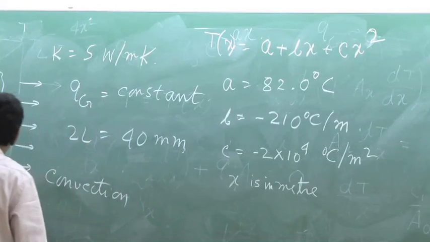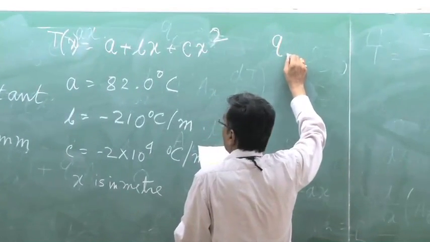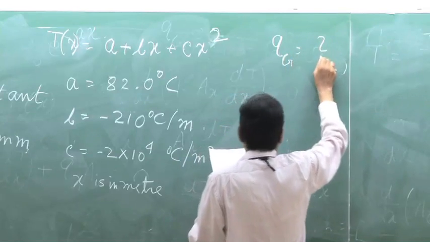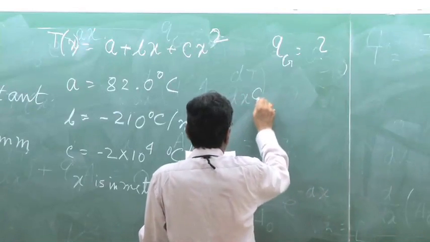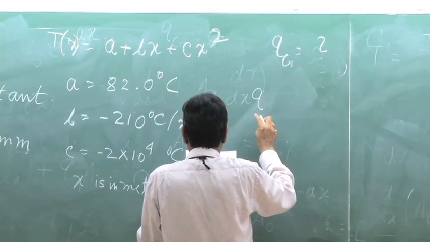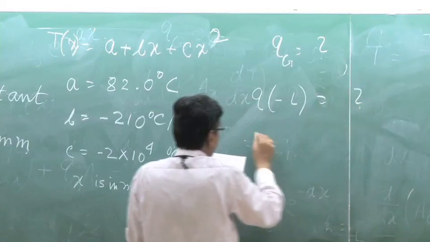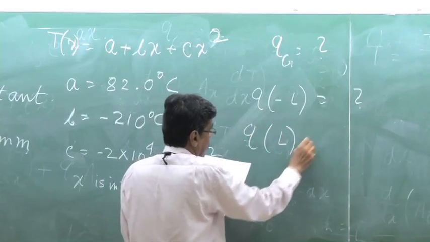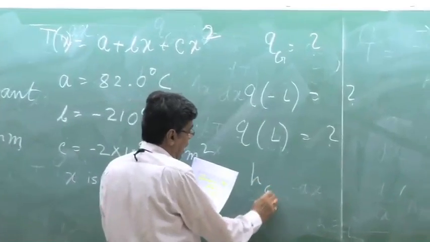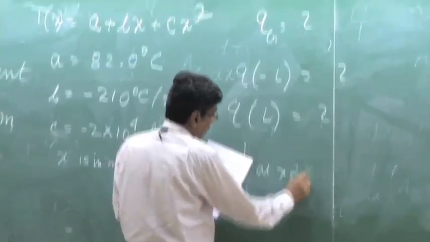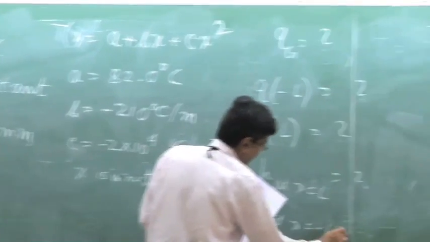The origin of the x coordinate is the mid plane that I have already shown. Now what do they ask? What is the value of the volumetric heat generation rate Qg? Determine the heat flux at minus L and the heat flux at plus L. What is the convection coefficient at x is equal to L, and what is the convection coefficient at x is equal to minus L?